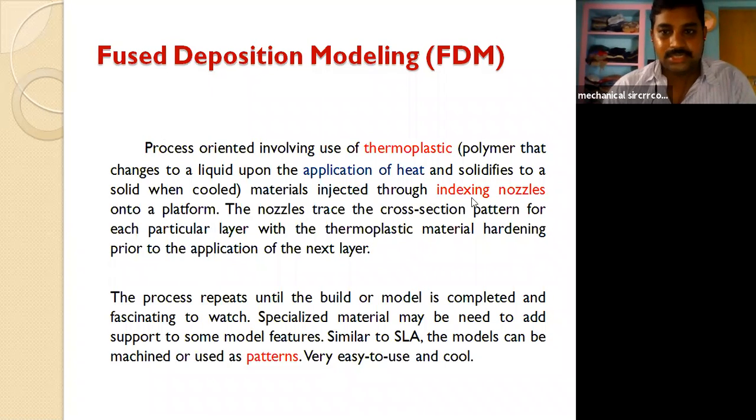Very good. See, indexing through nozzles onto the platform. Through nozzles, we are going to supply this thermoplastic. So the nozzle itself has the tracing capacity. It traces the cross section of the pattern. So through this process also, we are going to produce the patterns. A particular layer of thermoplastic material is hardened prior to the application of the next layer.